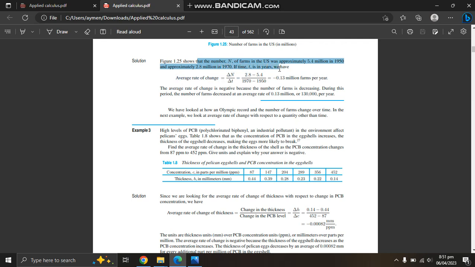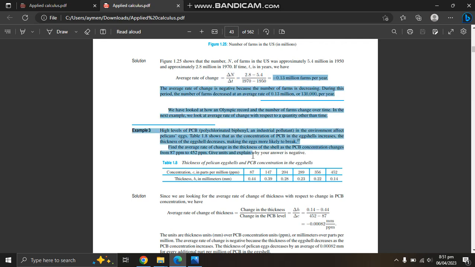If time is t in years, we have the average rate of change Δn/Δt, where (2.8 minus 5.4) over (1970 minus 1950) gives about negative 0.13 million farms per year. The average rate of change is negative because the number of farms is decreasing during this period. The number of farms decreased at an average rate of 0.13 million per year.